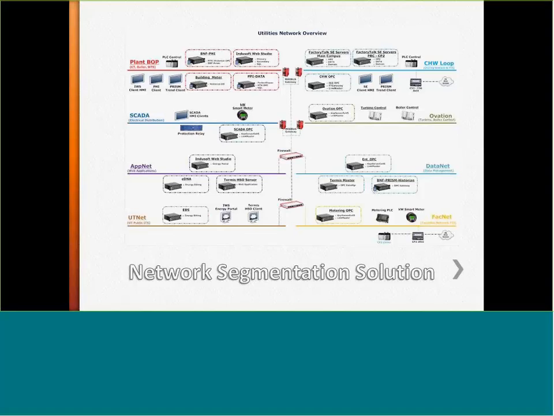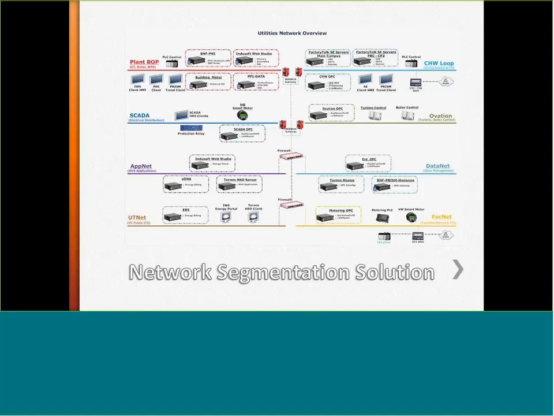Then we firewall this data once again to go into the application network, which is where our InduSoft Web Studio resides, eDNA for billing, and Thermis web application. Thermis is a hydraulic modeling software that we own. We have, of course, data coming from servers and from controllers as well as HMIs. We then still firewall this information from the app network into the clients, the energy portal, which resides on our UTNet. So we have data from all these energy sources.